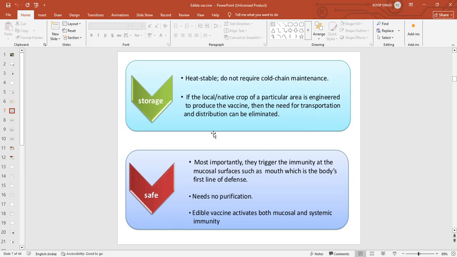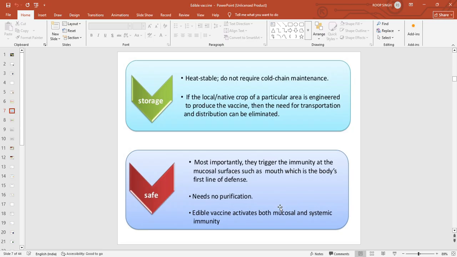So it can be delivered very fast to the patient, to the needy person, and it is highly safe also. Most importantly, it triggers the immune response at the mucosal surface such as the mouth, which is the body's first line of defense. It needs no purification, because this is an edible vaccine.